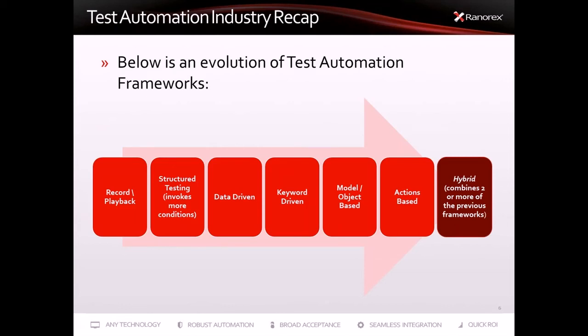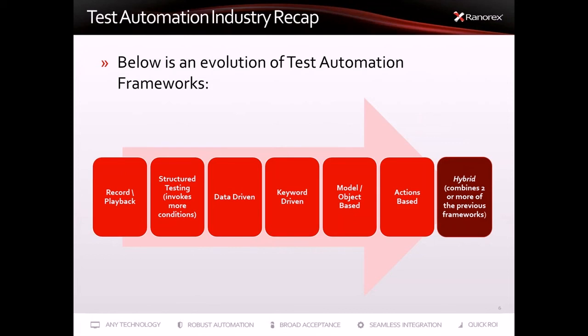In the keyword-driven approach, you specify the event for the control you're working with, such as a mouse click, and the data that could drive that. It started to get into more of a model and object-based approach, so that object recognition was much more object-oriented as opposed to coordinate-based.